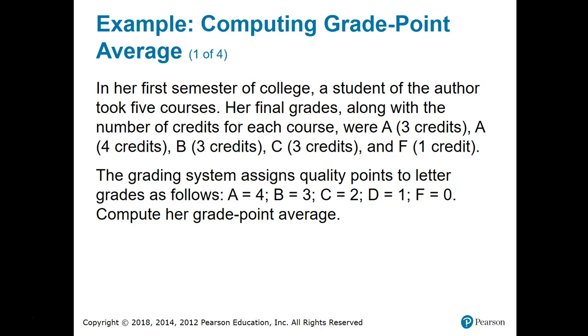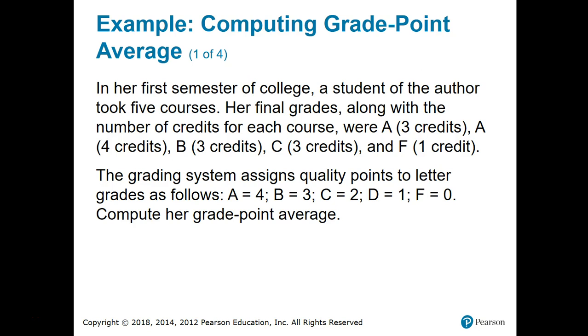So, let's take a look at this person. In her first semester of college, a student of the author took 5 courses. I don't know how the author got her grades for all 5 of them, but okay, guess it worked.